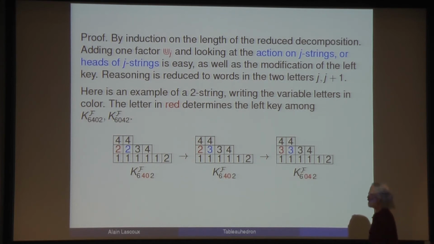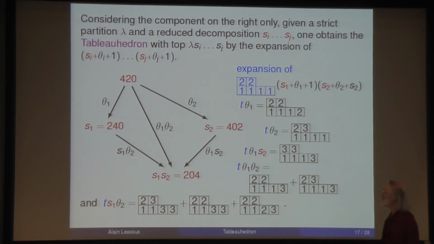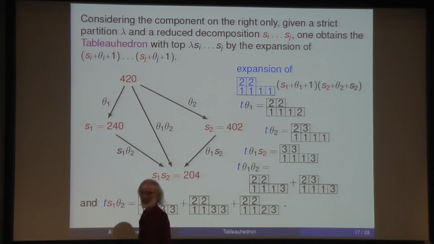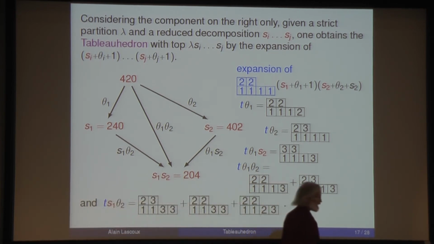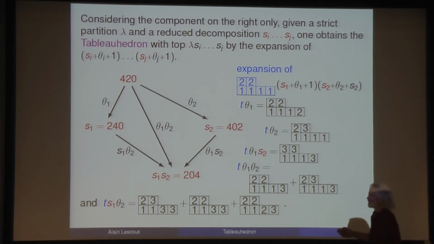Okay, so maybe it's not necessary to look at that; I will present another picture, which is this one. This is a case where I apply two operators, and I show exactly what it is. I apply cup 1 and cup 2, and I obtain all these tableaus. What I see is that with a simple transposition, I have a tableau, I get another tableau.